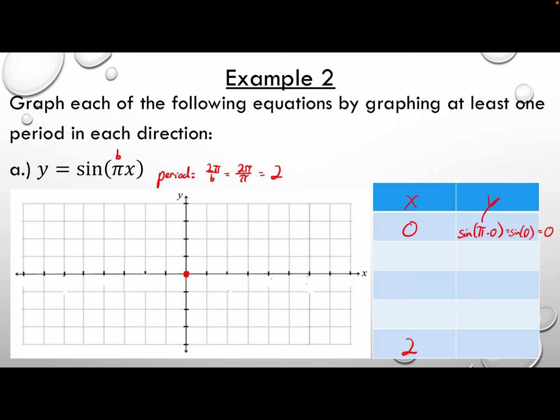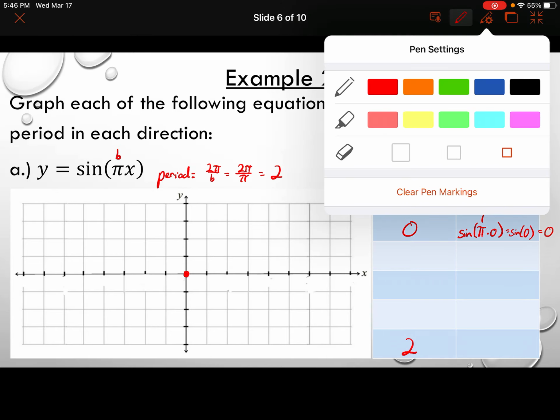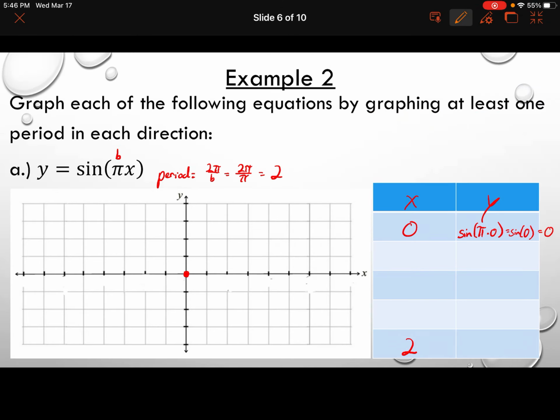Or in this case, it would be 0 plus 2, because since we started at 0, which once again is a convenient spot to start, the period ends at 2. So now we're going to plug in 2 into our function. So sine of pi times 2, so that is just 2 pi.